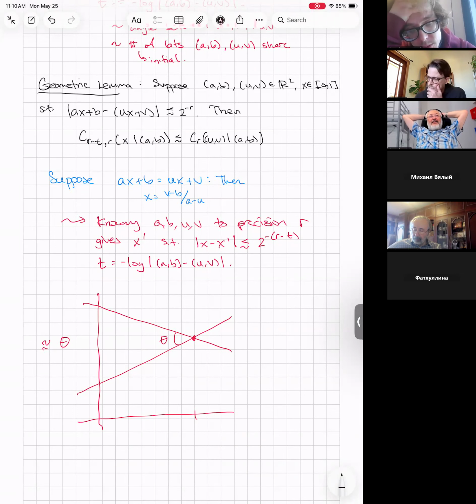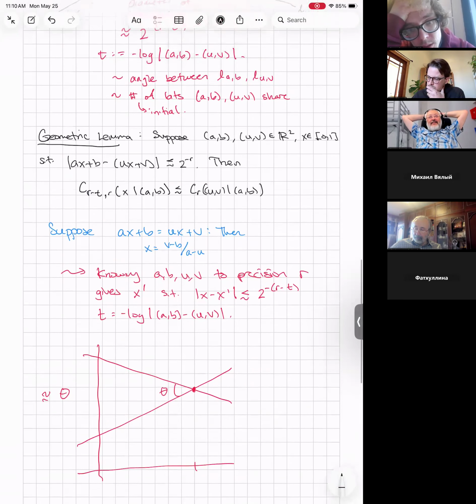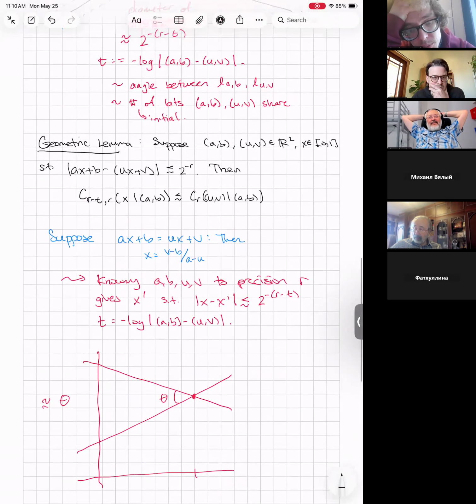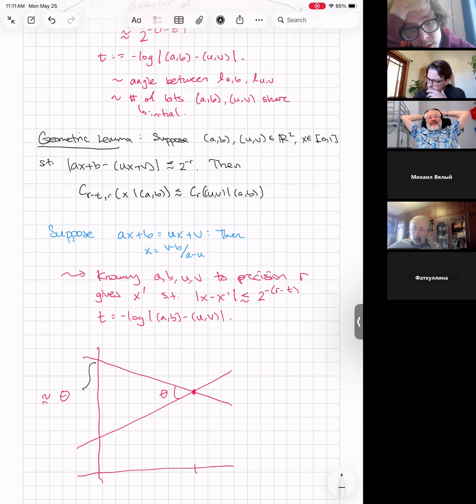So once again, the distance between the intercepts, up to multiplicative constants, is the same as what? Is the same as the angle, which is the difference between the slopes.